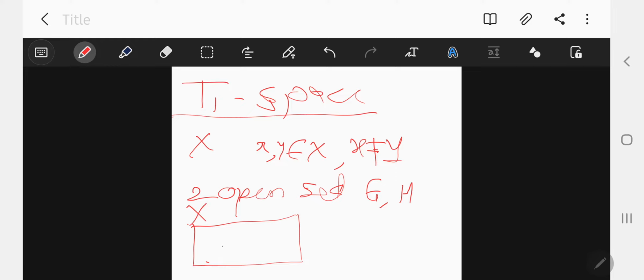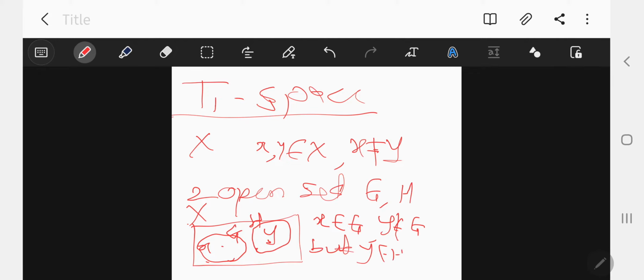That is, x belongs to G but y does not belong to G, and there is another open set H such that y belongs to H but x does not belong to H.